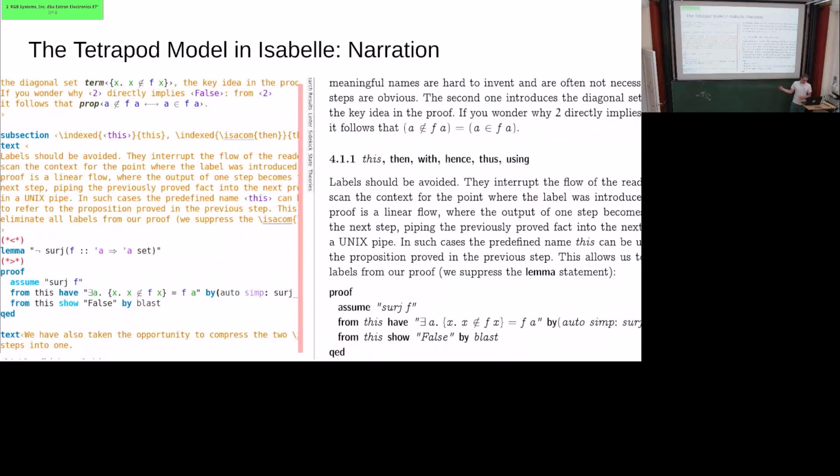Okay, let's go into narration. So yeah, I think it's very crucial in ITPs that you don't just enter some hardly legible ASCII text and then have a few comments and maybe a proof script that the computer accepts, but you can't read at all. I don't think that this is really what doing math is most of the time, because usually what we mean by doing math is conveying intuition about the properties of objects.